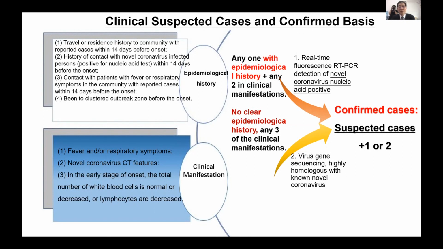Anyone with an epidemiological history plus clinical manifestation can be confirmed as a suspected case. If there is no clear epidemiological history, with only three of the clinical manifestations you can diagnose a suspected case.